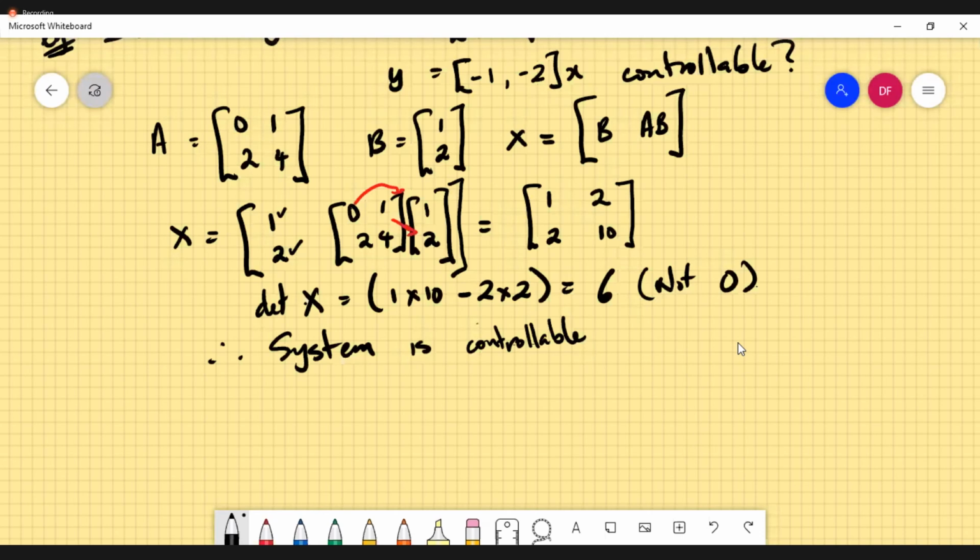There are many systems that are not controllable, but most of the time we can use common sense and see that the system is not controllable.